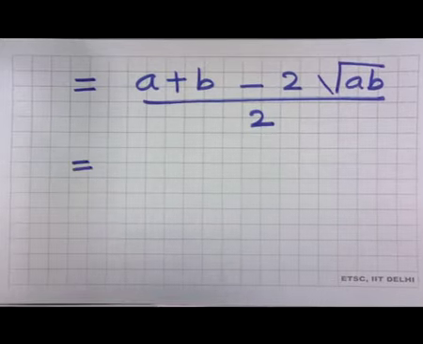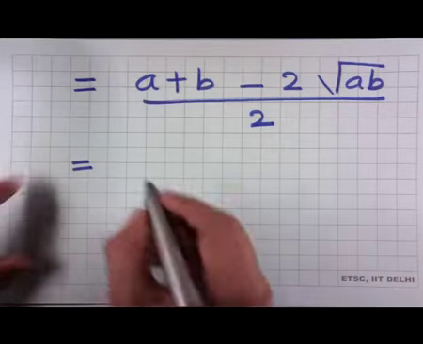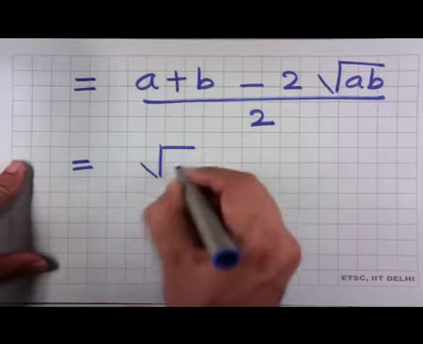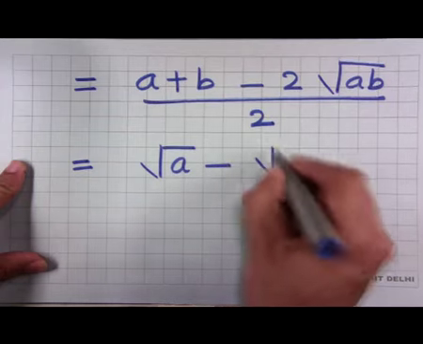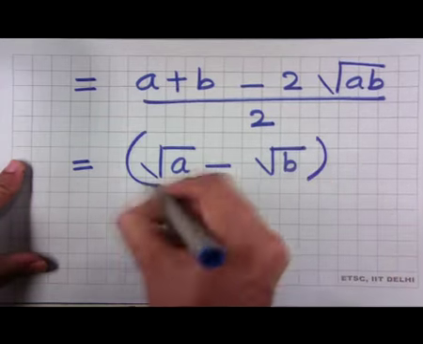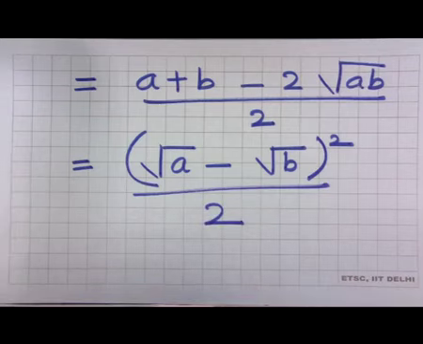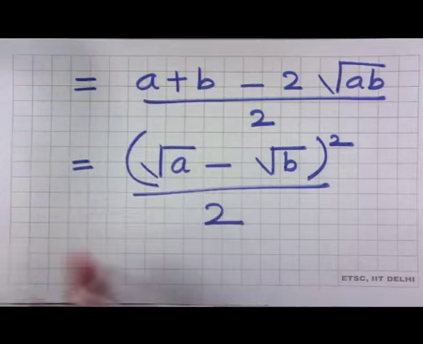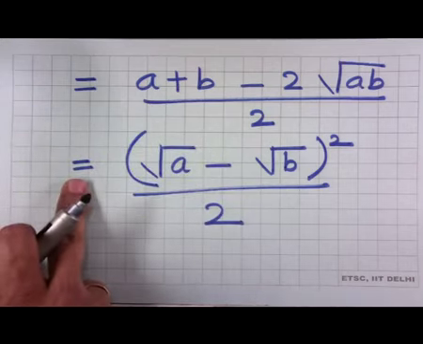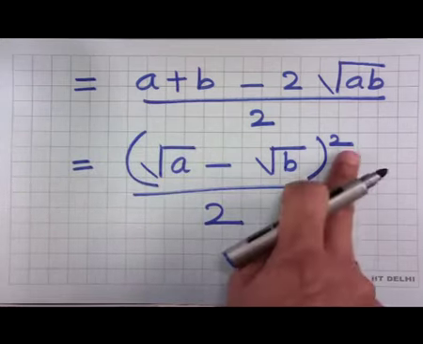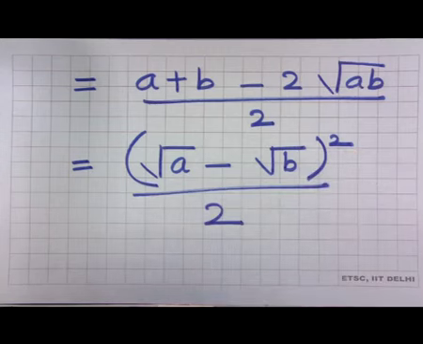Completing the numerator into a square, you can observe that the numerator is (root A minus root B) the whole square, by 2. Thus, the difference AM minus GM is equal to (root A minus root B) the whole square divided by 2.